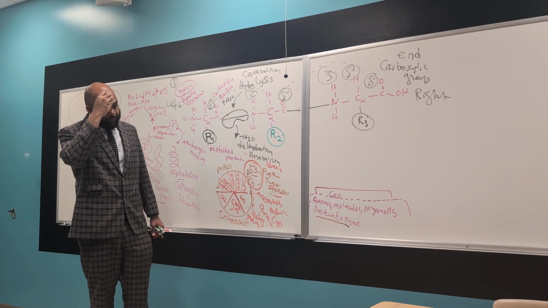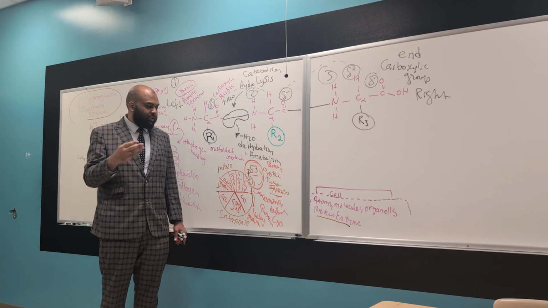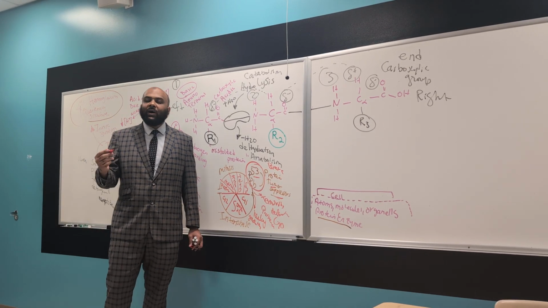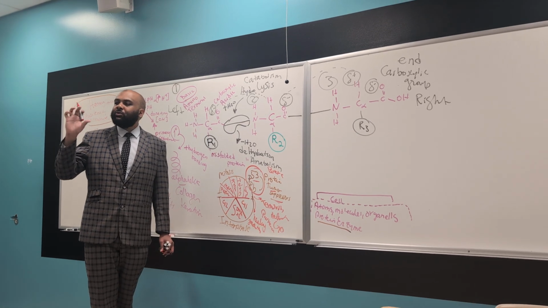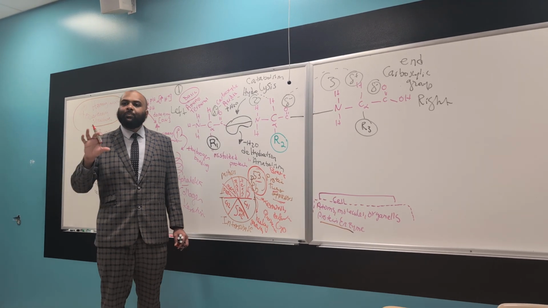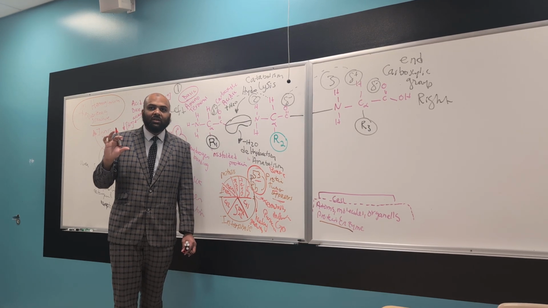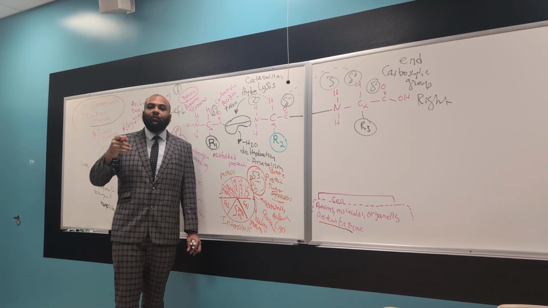We also mentioned the structural proteins, and these are functional proteins. If you have a protein channel on a cell membrane and that channel is damaged, then you cannot allow the entry of glucose.